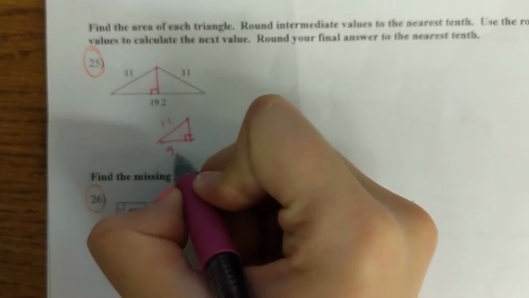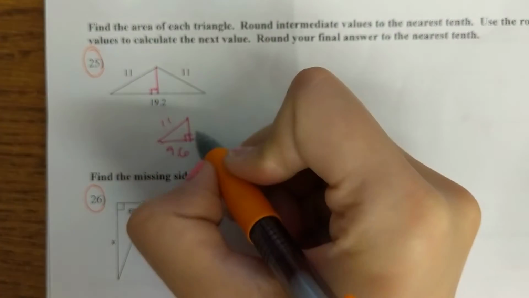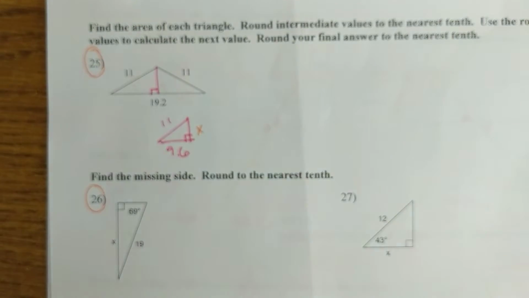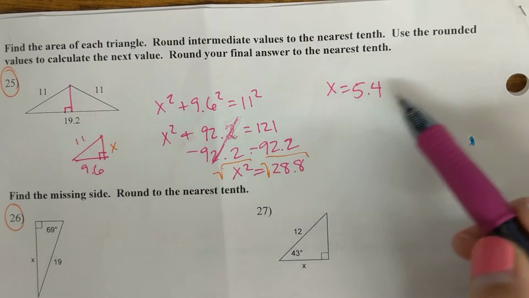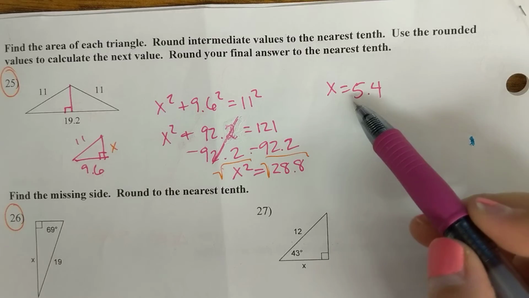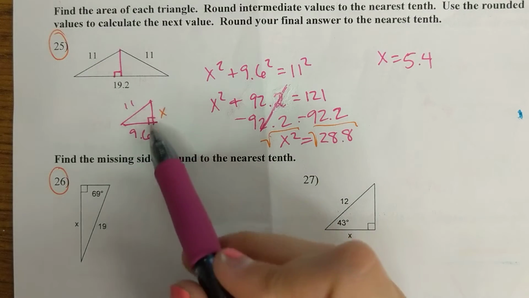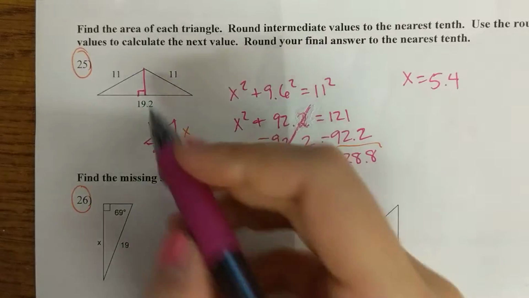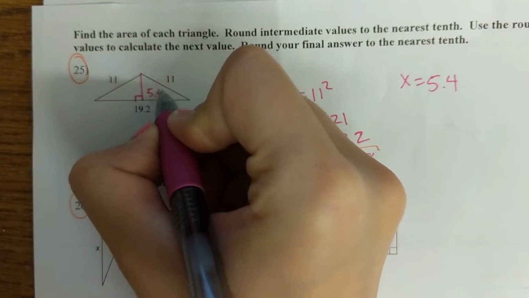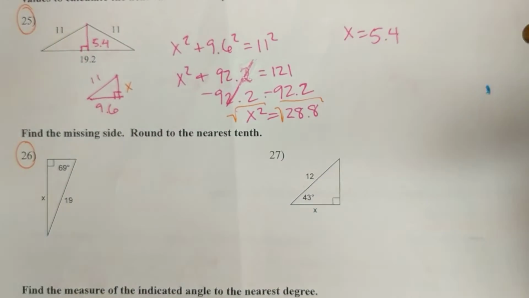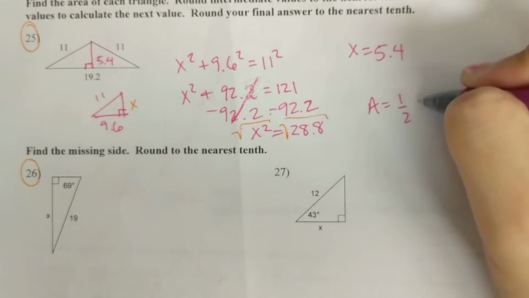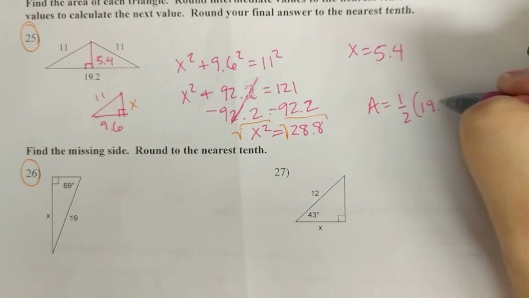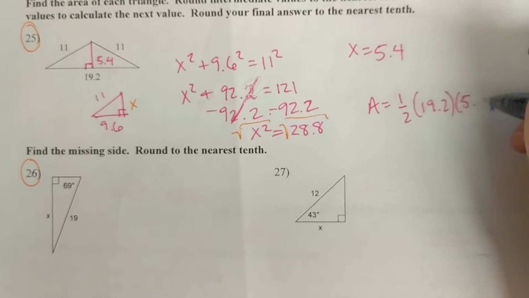which is 9.6. That means, hey, we can use the Pythagorean Theorem to find the height. By using the Pythagorean Theorem, we can find that x, which is the height of this triangle, is actually 5.4. And then we can plug it in to find the area of this triangle. The area is 1/2 times the base, 19.2, times the height, 5.4.